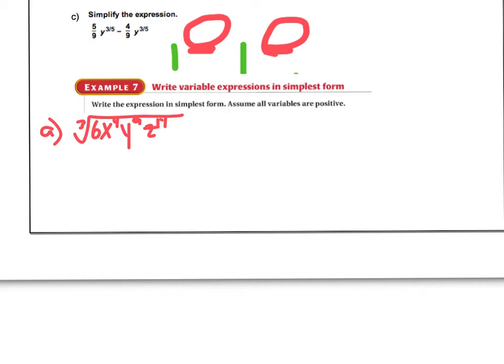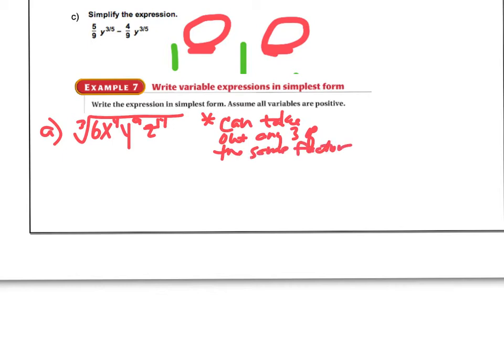Now that might look scary to you, but remember that all you have to do is find any 3 repeated factors, and you can take one out because it's the third root here. So just for your notes, you can take out any 3 of the same factor.